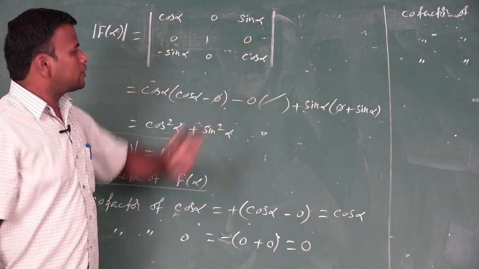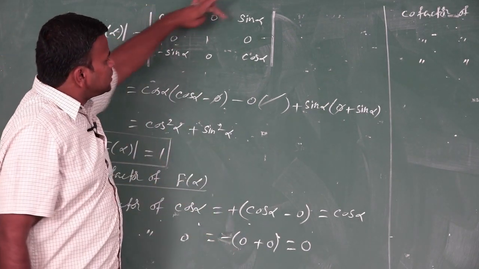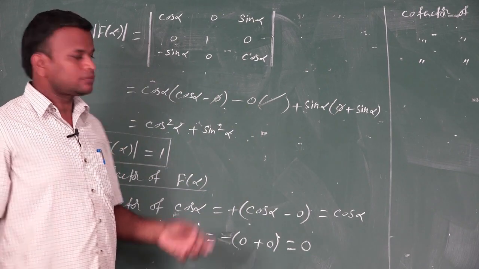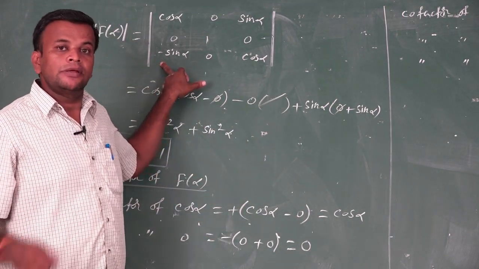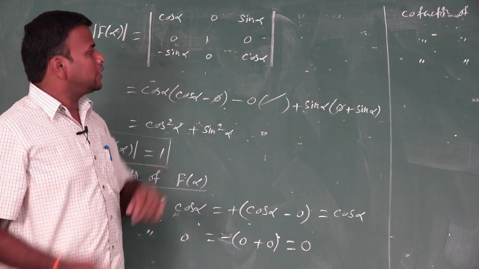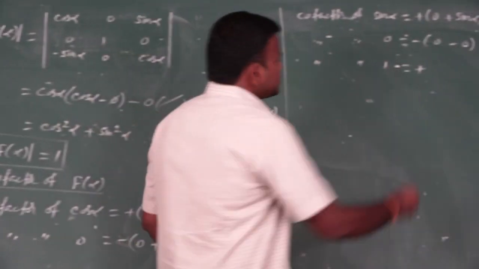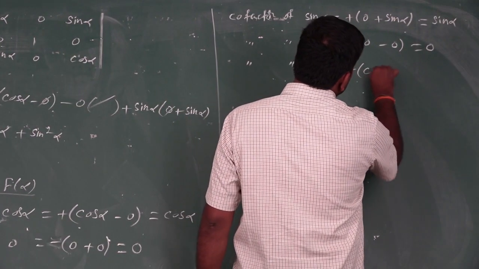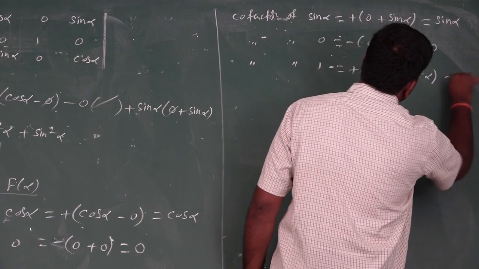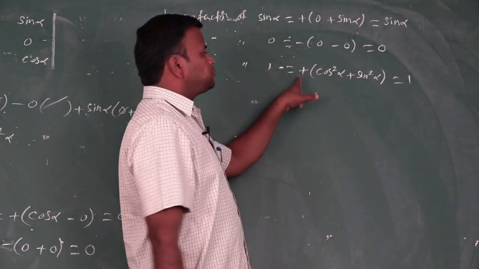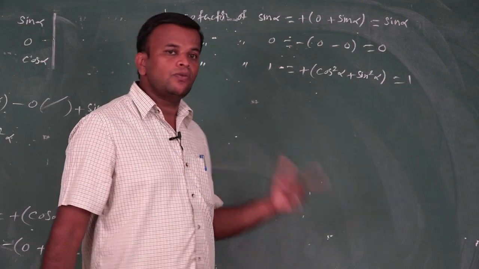Cos alpha into cos alpha is cos square alpha. We multiply these two elements with a minus sign. Already one minus is there, so minus into minus is plus. Sin alpha into sin alpha is sin square alpha. So outside symbol is plus. First one is cos square alpha plus sin square alpha. Outside is plus. You know very well that cos square alpha plus sin square alpha is 1.